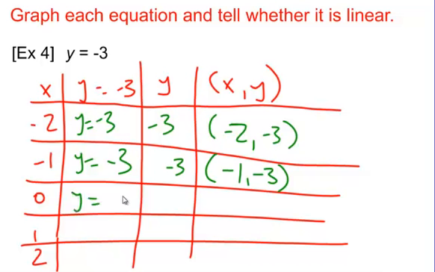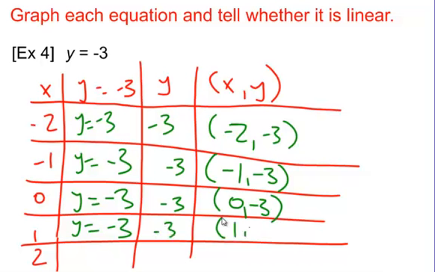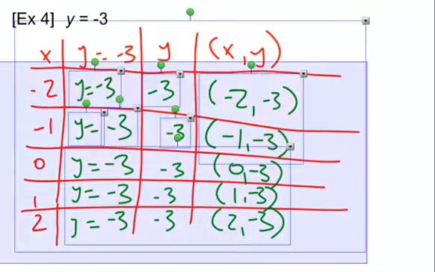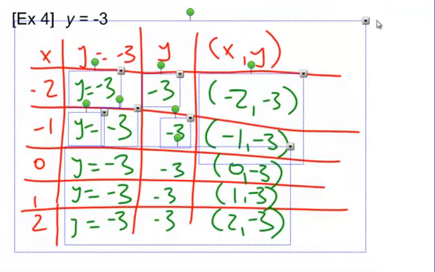Here, 0. Can't plug into x because there is no x. Stays negative 3. So look, all of our outputs, or our entire range, right, all of our outputs together, our entire range is negative 3. So what's that look like when we graph it?